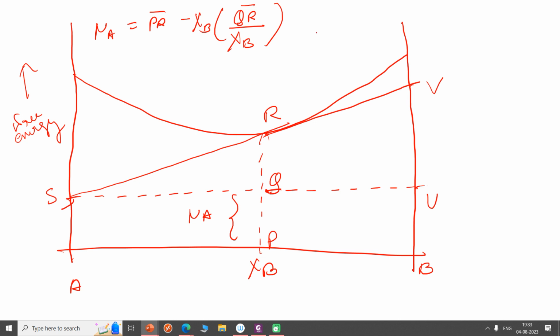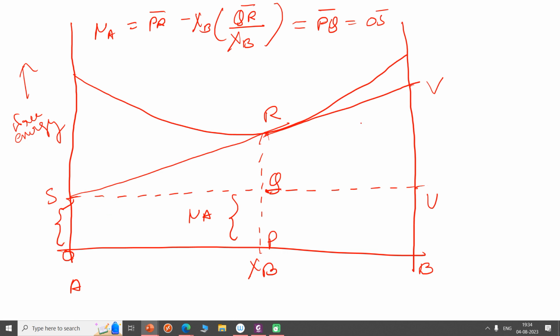And that is equal to the PQ segment, and that is equal to the OS segment.